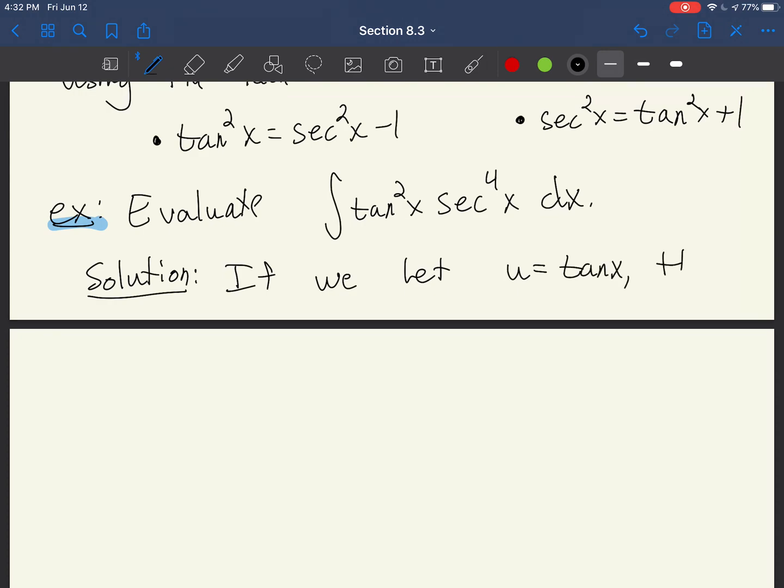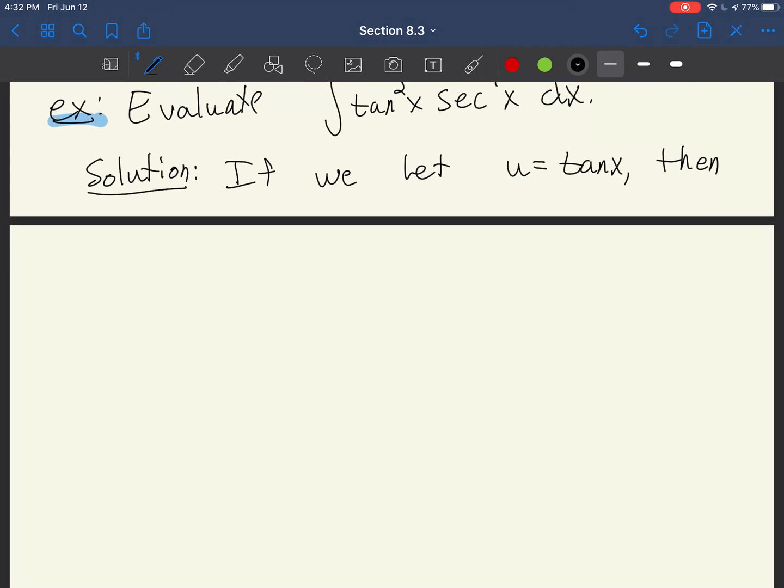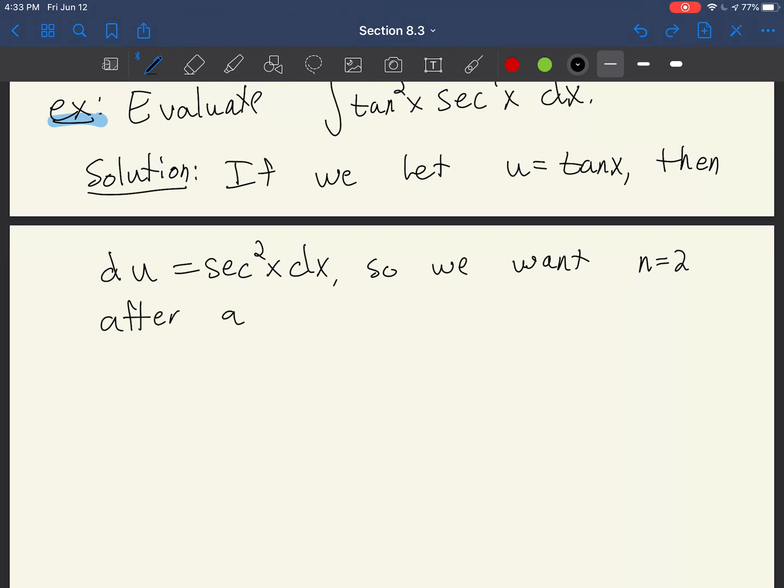So if we let u equal tangent x, then differentiate this, you get du equals secant squared x dx. So we want n to equal 2 after using the trig identities.